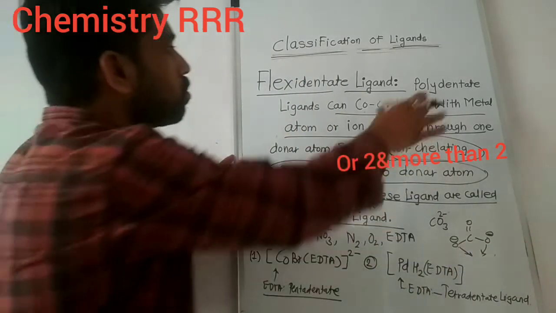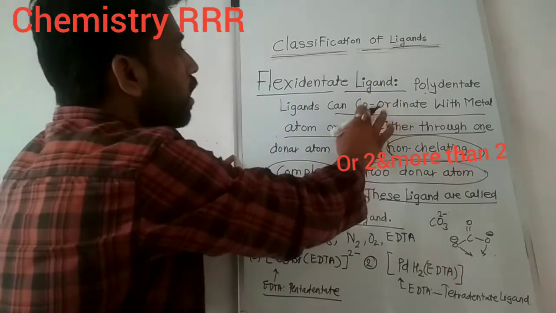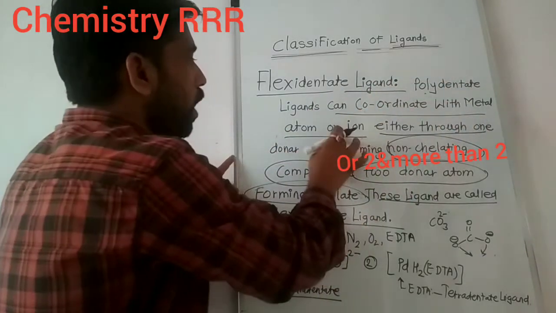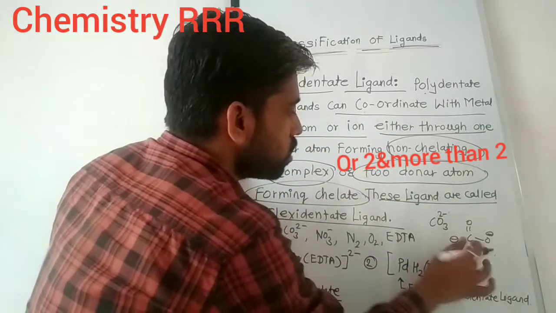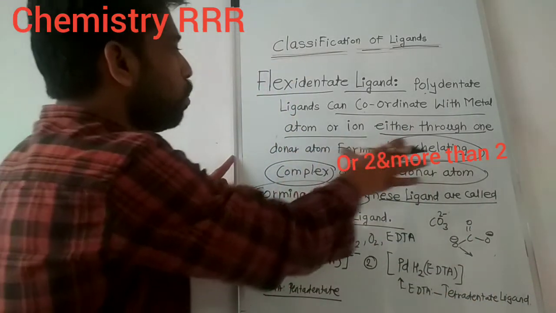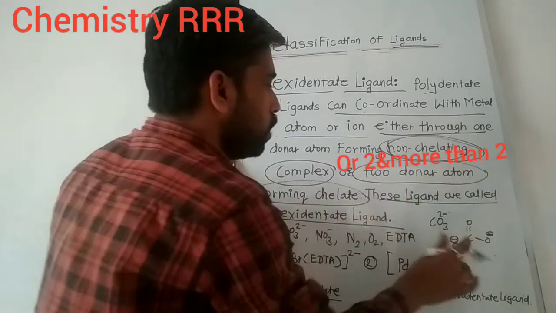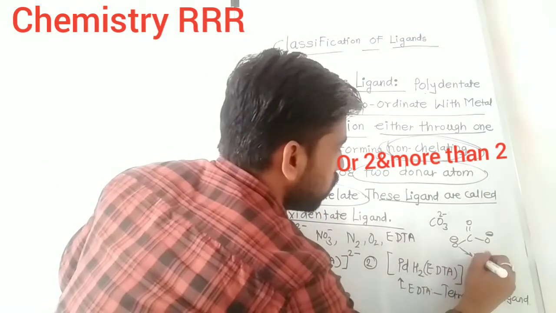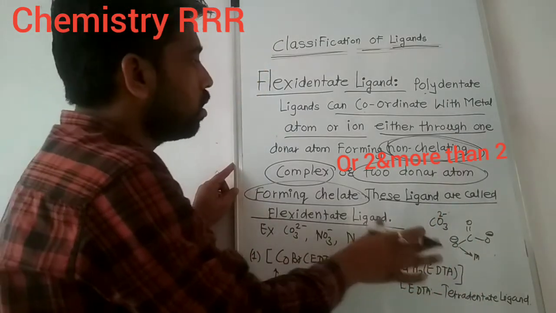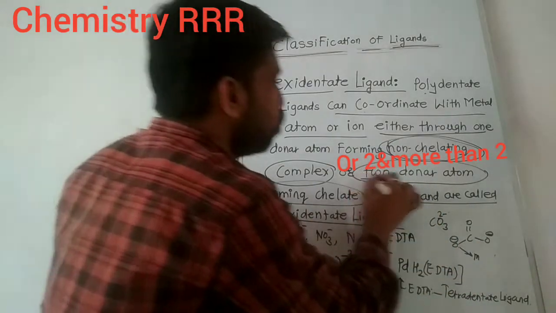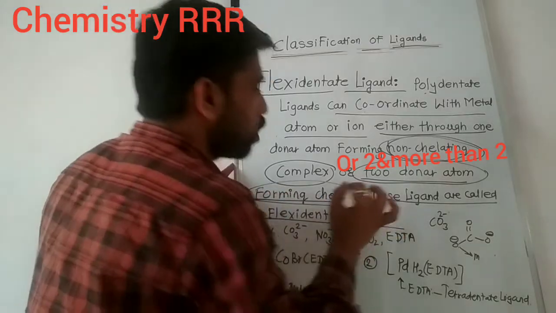A polydentate ligand can coordinate with the metal atom or ion either through one single donor atom, forming a non-chelating complex, or through two donor atoms, forming a chelate complex.